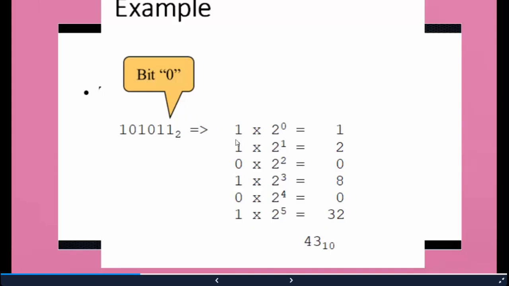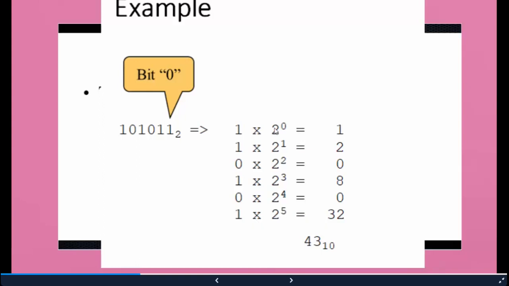Starting from the right, 1 is 1 times 2 raised to the power of 0, and then the next digit is 1, that is why we have 1 times 2 raised to the power of 1, and then 0 times 2 raised to the power of 2, and then 1 times 2 raised to the power of 3, 0 times 2 raised to the power of 4, and 1 times 2 raised to the power of 5.